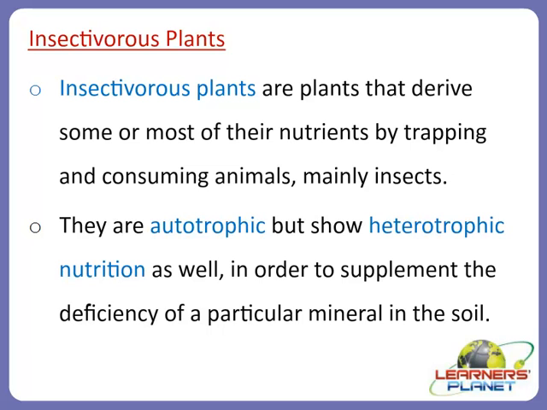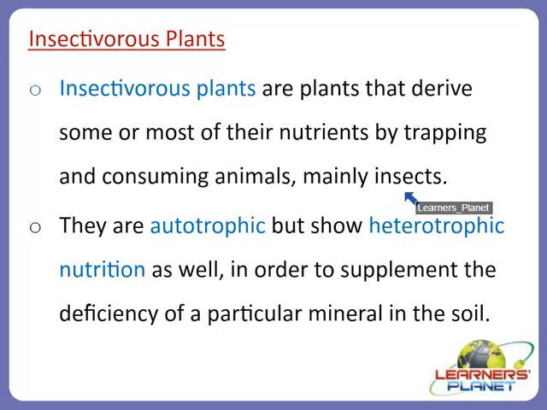Let us now study the third type of plant, that is the insectivorous plant. So what are insectivorous plants, students? Insectivorous plants are plants that derive some or most of their nutrients by trapping and consuming animals, mainly insects. These are plants which are usually green in color, so we can say that they can make their own food.